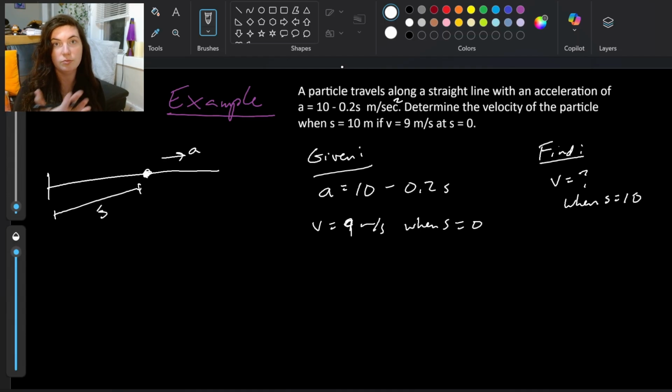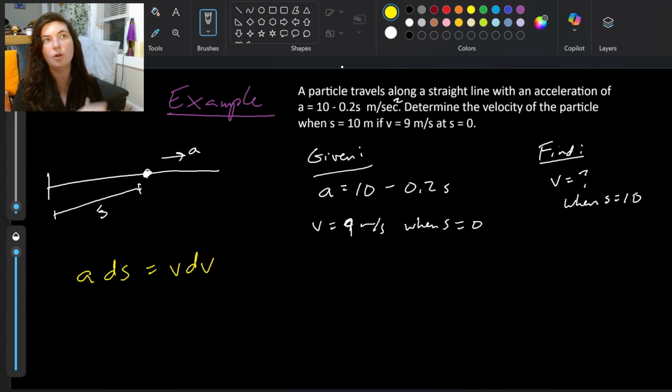Luckily, we have an equation that relates those things together. So this is where our handy-dandy a ds equals v dv comes in handy. Since there's no indication of time going on within this problem statement, we'll leave it out entirely, and we'll just use this relationship we have between acceleration, position, and velocity.